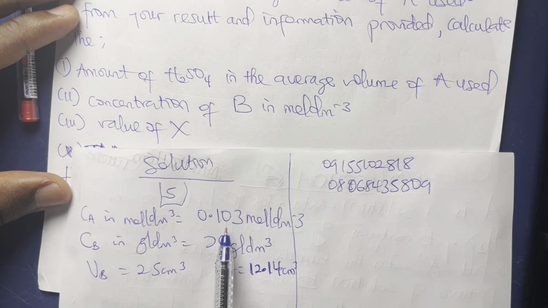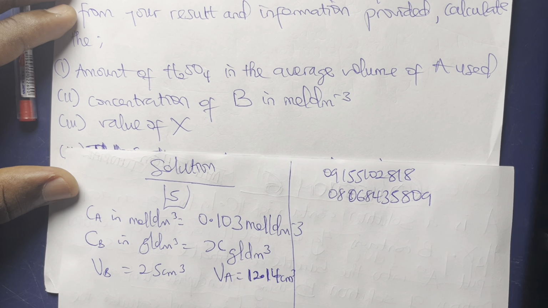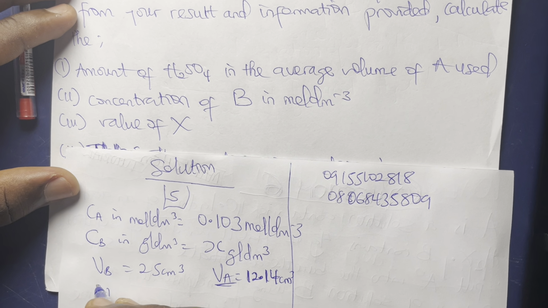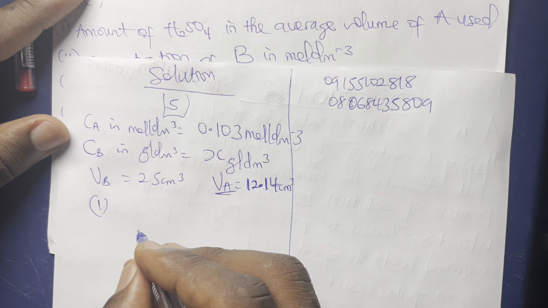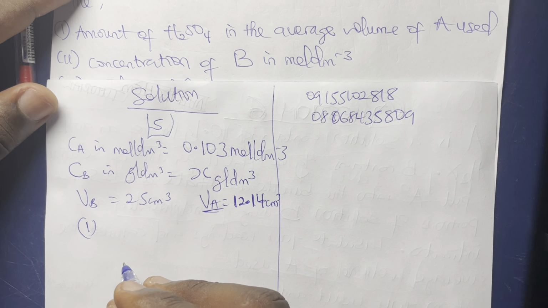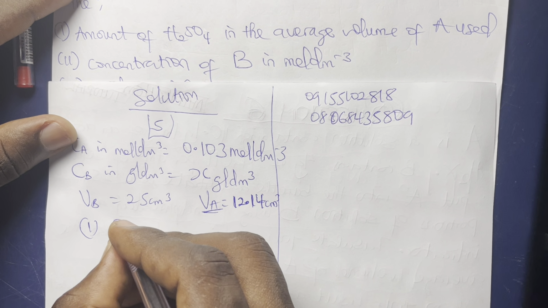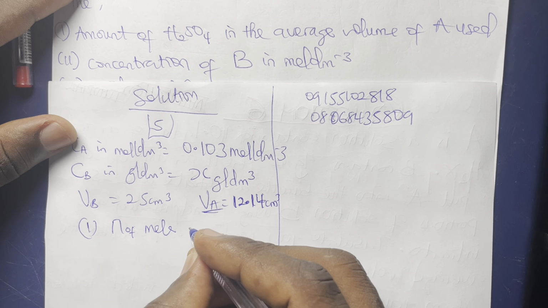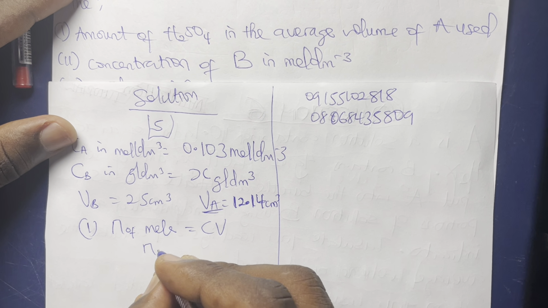Question number 1 says we should calculate the amount of H2SO4 in the average volume of acid used. That's the VA. Amount means number of mole, and n equals CV.